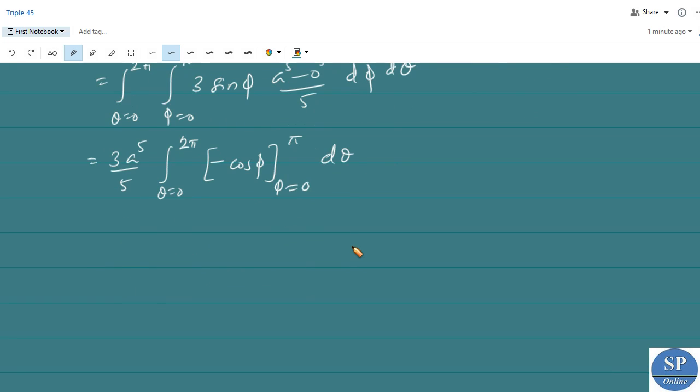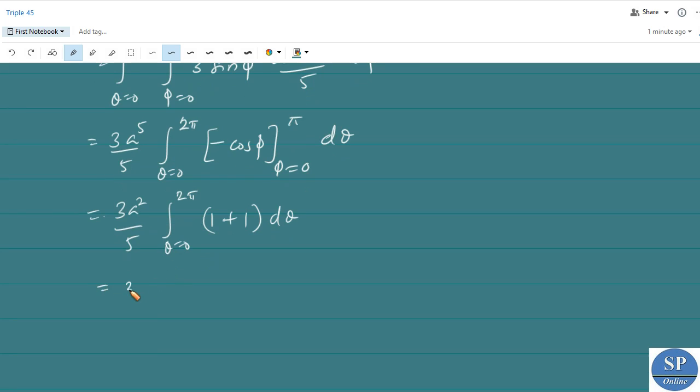So this is equal to 3a power 5 divided by 5 into the integral over theta from 0 to 2 pi. Cos pi is minus 1, so minus into minus 1 is 1, plus cos 0 is 1, so this is 2 d theta.